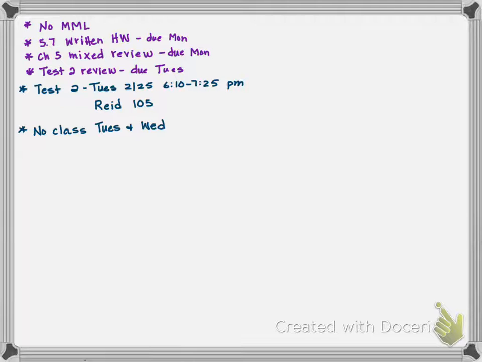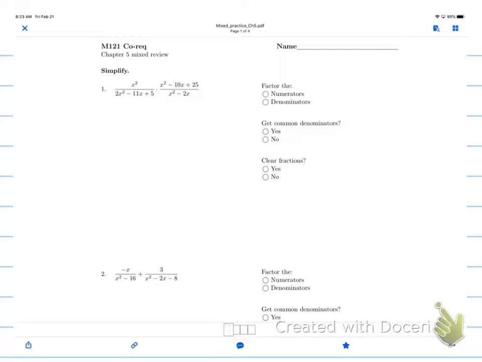So on this first one, the first thing I would do is look on the right and be like, okay, this is a multiplication problem, which means I'm going to factor both the numerator and denominator of each fraction, and then I don't get common denominators because it's multiplication, and I don't clear fractions because it's multiplication. And then once I've thought through that whole thing, I can go do what I'm supposed to do. But it just gives you the opportunity to really think through each piece of it before you start throwing factors around in the actual solution.